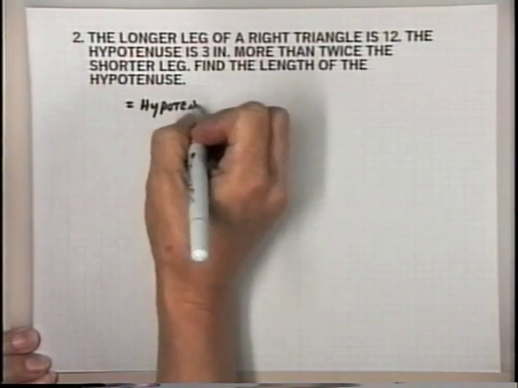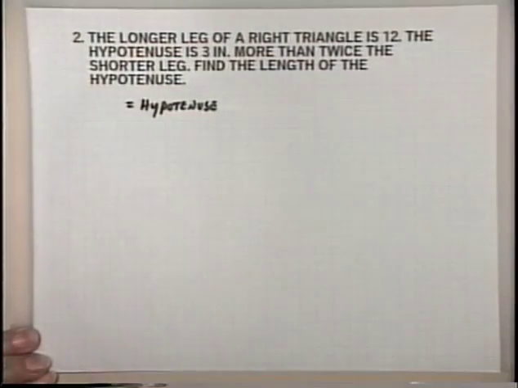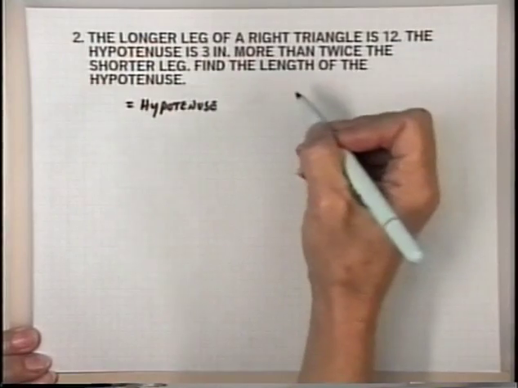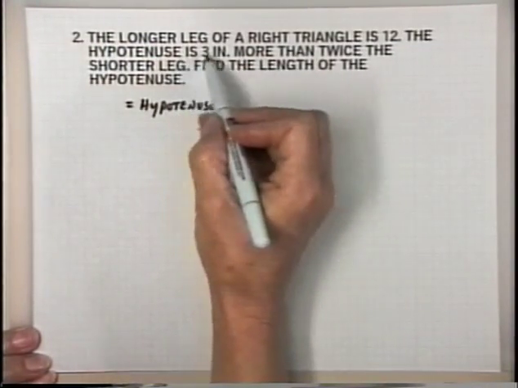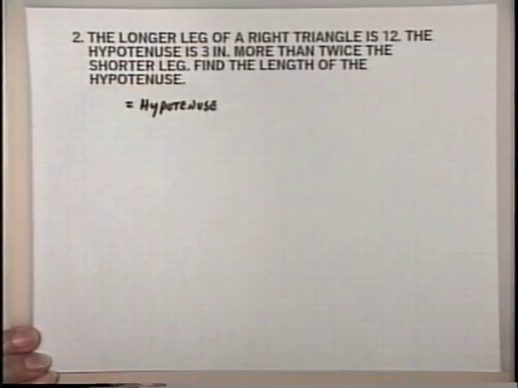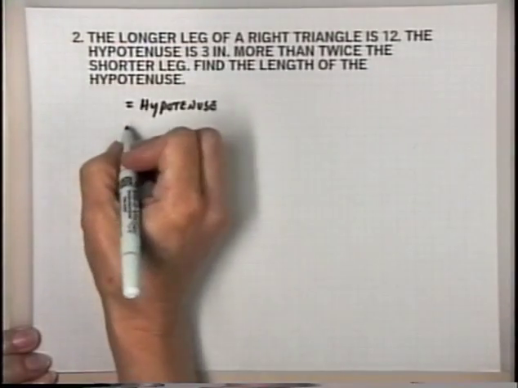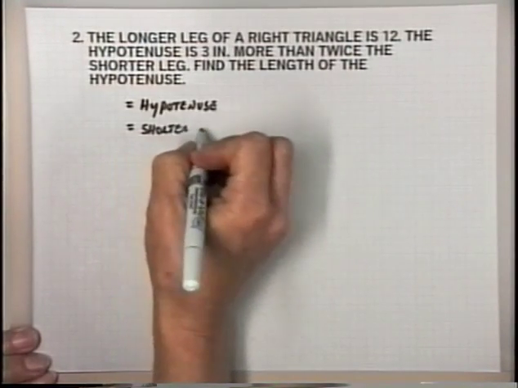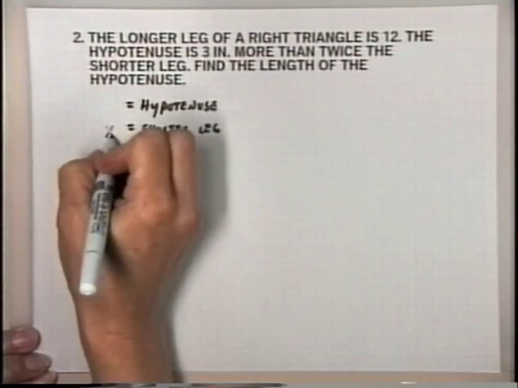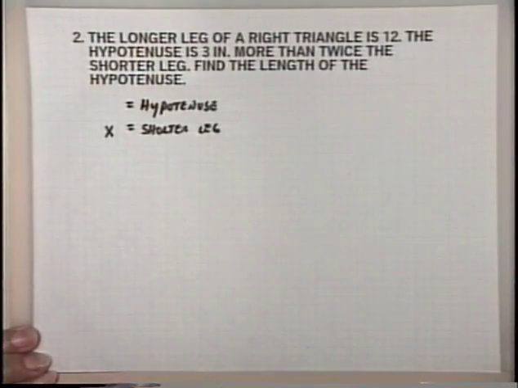But before I just write down x equals the hypotenuse, I remember from having read through this that he described my hypotenuse in terms of my shorter leg. So even though he does not ask for the shorter leg, I want to write that down and choose x to be the shorter leg.